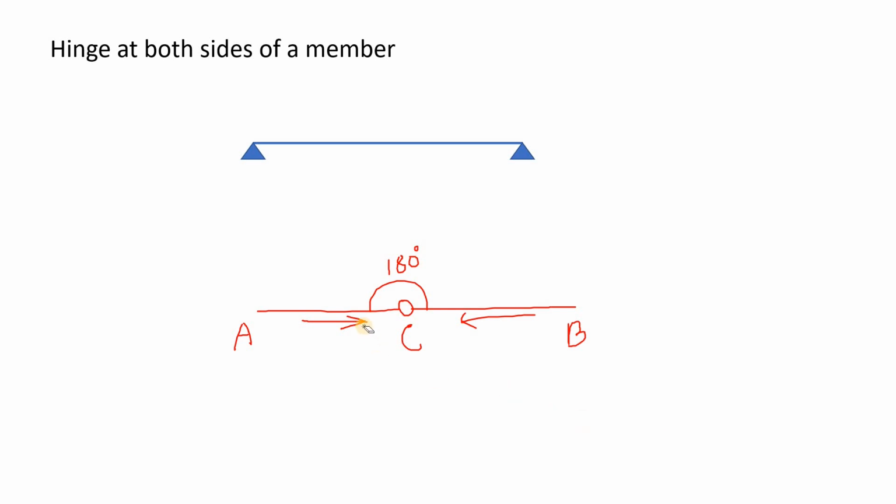Similarly, if AC had a force going in this direction from the joint, then BC must have a force in this direction to keep the joint in equilibrium. But since AC is a zero force member, there are no forces here, that means BC does not have to have any forces to keep the joint in equilibrium, thus BC can also be a zero force member. So that is the logic behind it.